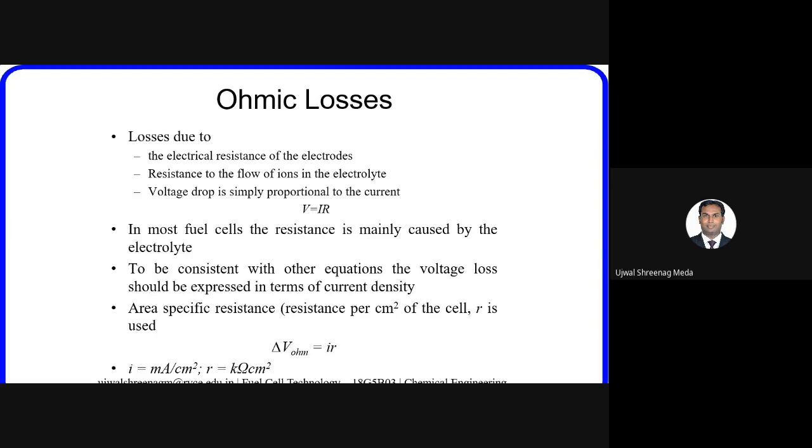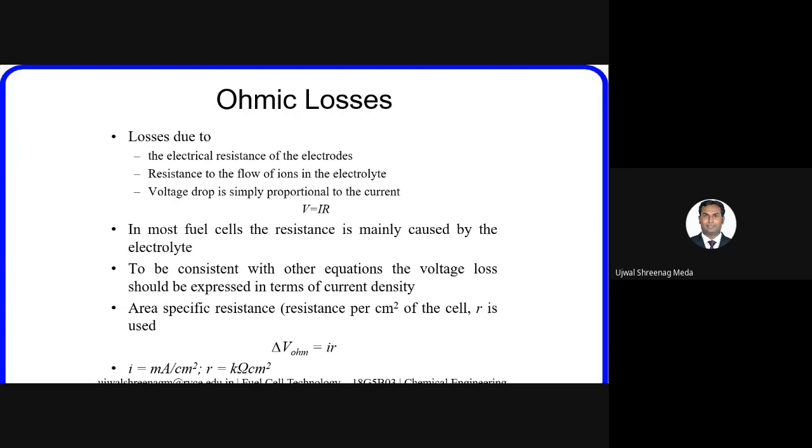For instance, the electrodes, the external circuitry that connects the two electrodes and the load, all these will offer certain resistance for the flow of electrons. Likewise, the electrolyte will offer resistance for the flow of ions. So this resistance will result in loss of voltage.